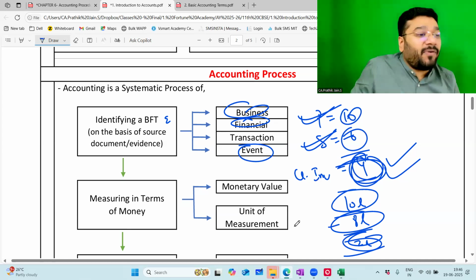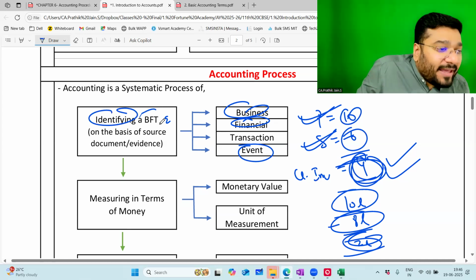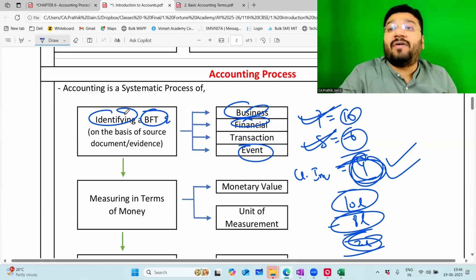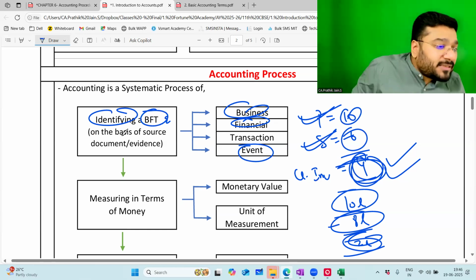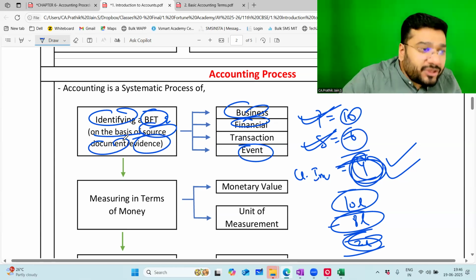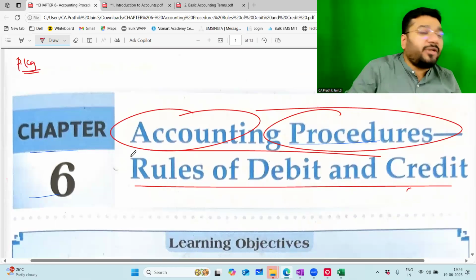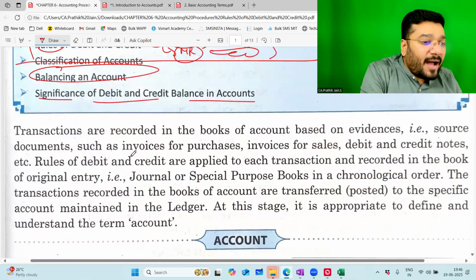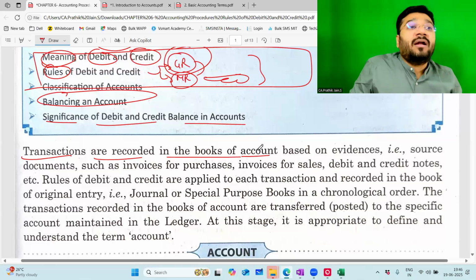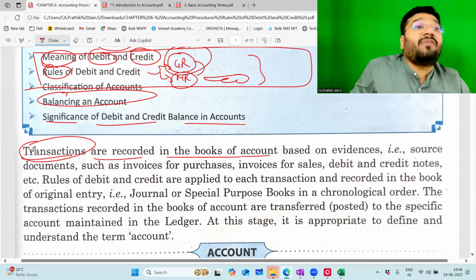So the first step of the accounting process is what? Identifying a business financial transaction. On what basis will you identify a BFT? On the basis of a source document called evidence. Every transaction that you record should be supported by evidence. Transactions are recorded in the books of accounts. Transactions, which is BFT.